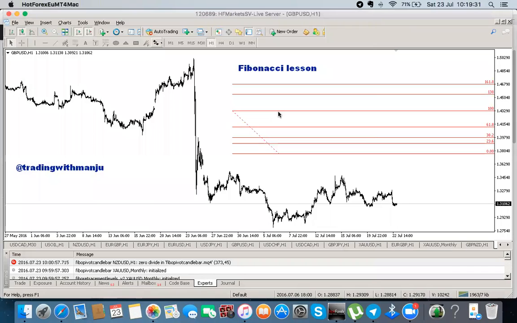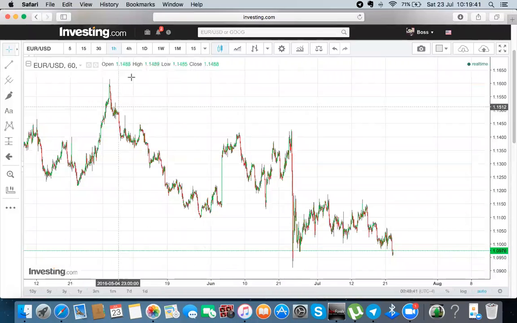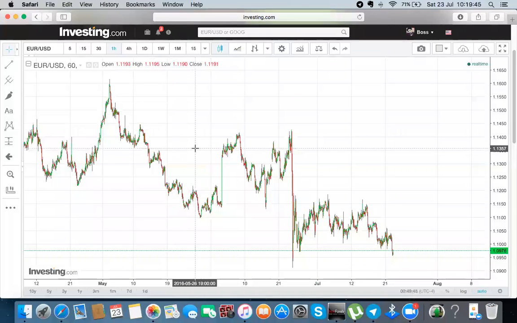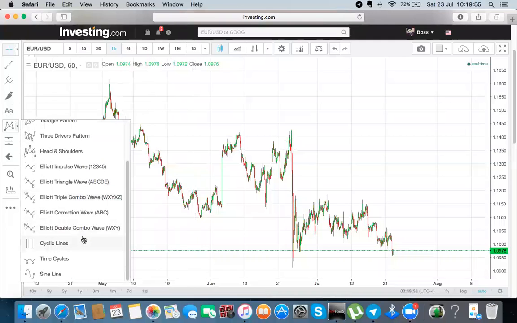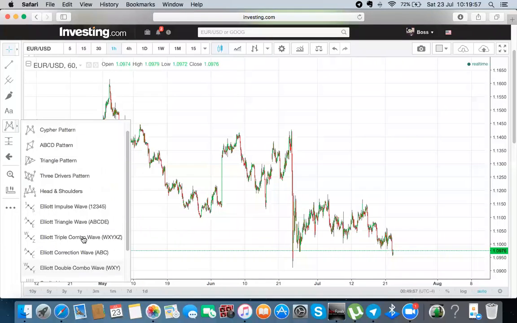One is the standard one which we have here right now, MT4 MetaTrader. Also we're going to use the web platform from FXCM, because a lot of people trade on the FXCM platform as well. So we're going to use both of them to understand and draw the Fibonacci levels.